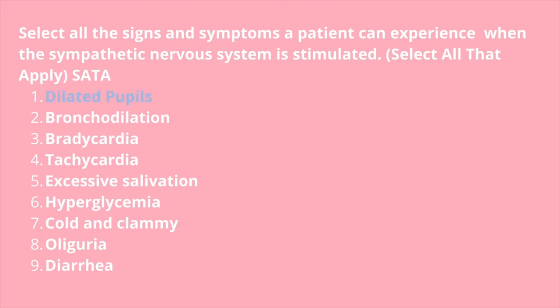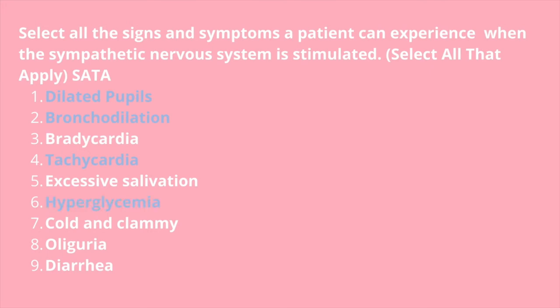And of course, he cannot go to the bathroom because he is very hyper. So that would be oliguria. And since he cannot go to the bathroom, he will not have diarrhea. So the answers are dilated pupils, bronchodilation, tachycardia, hyperglycemia, and then, of course, oliguria. So I hope you get those answers.